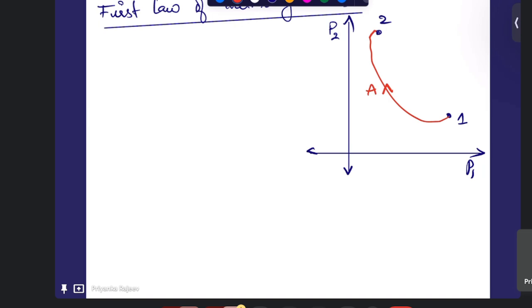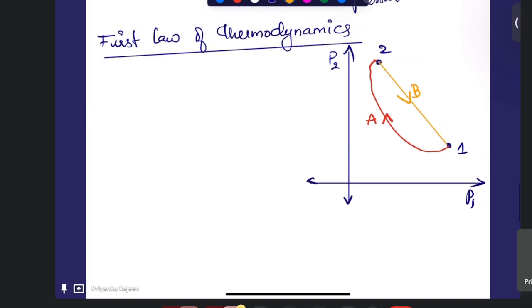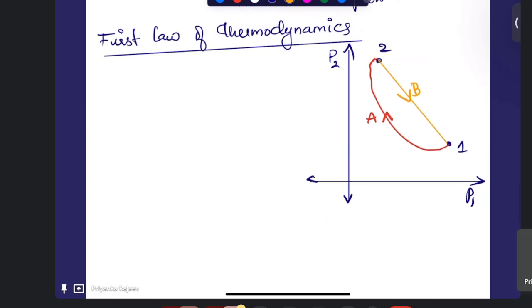Okay, now it can come back to 1 through any path. So I am taking one path is this. So this is path B, I'm saying. So what is happening from A to B? Let's take A and B combined together. So this cyclic process I am considering right now.